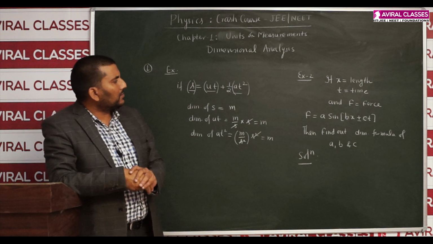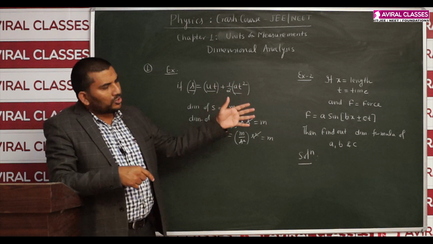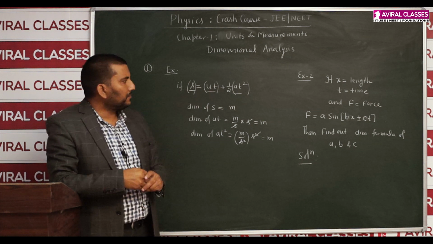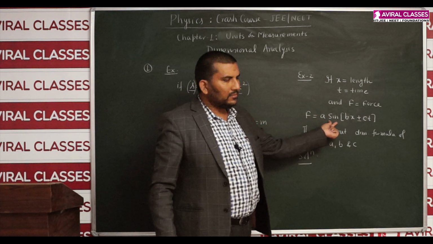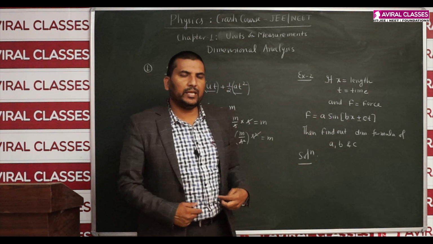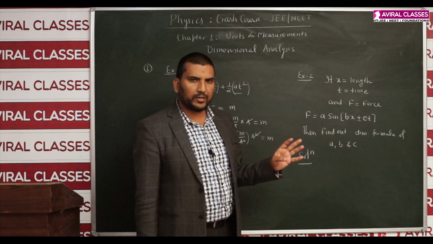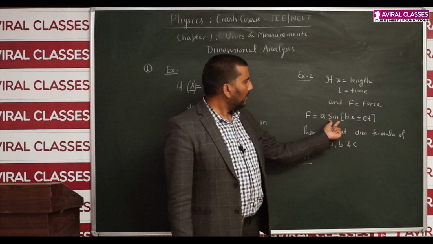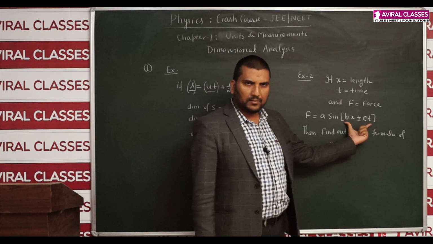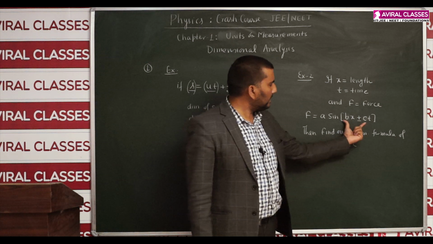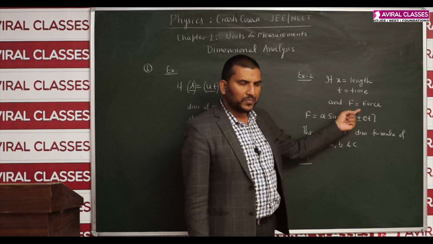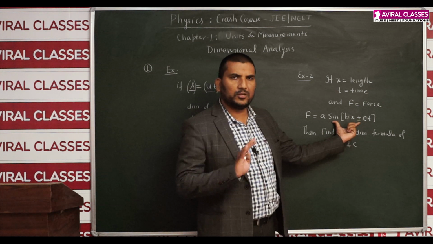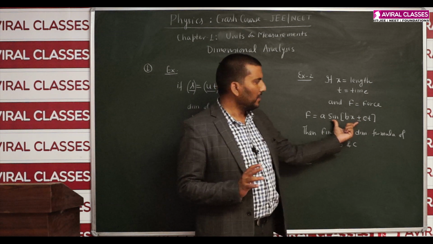Since it's a crash course, we have to pick the direct questions which will help you directly in your exam. You know, sine, exponential, e, cosine, all trigonometric functions are ratios. They don't have any dimension. And this one is angle, so angles are ratio. Since they are trigonometric functions, they don't have any dimension formula.